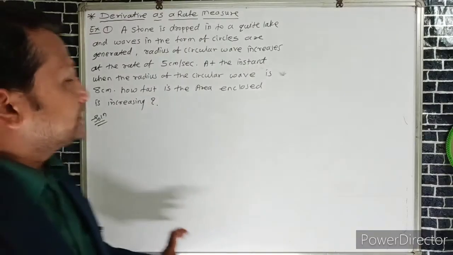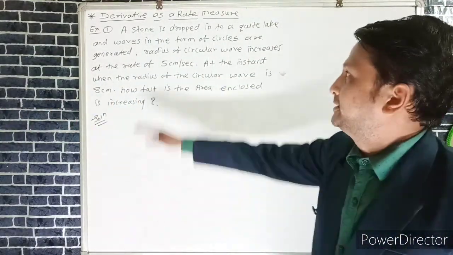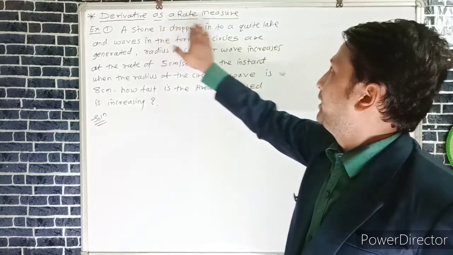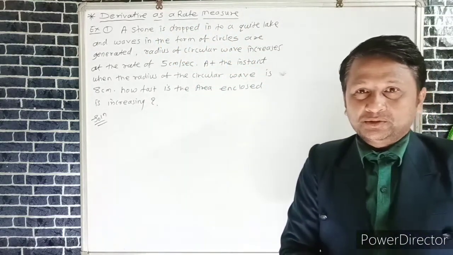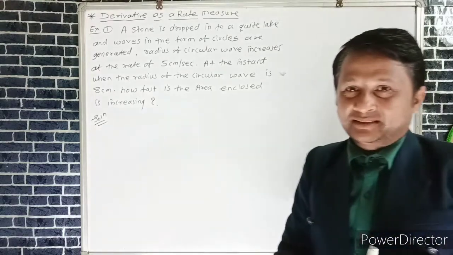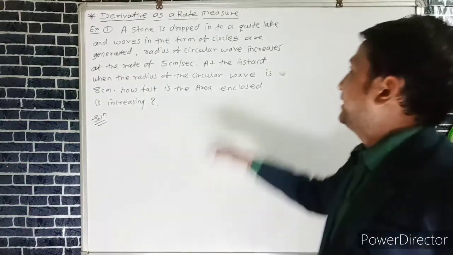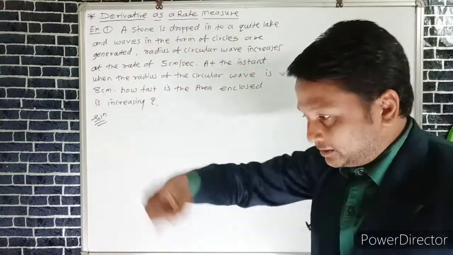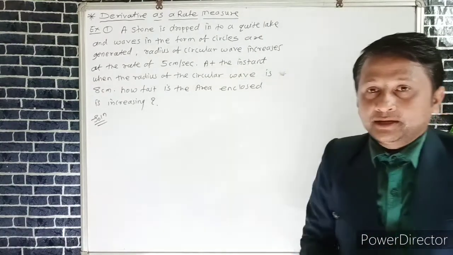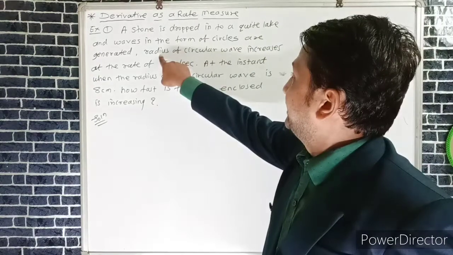The first example of derivative as a rate measure: a stone is dropped into a quiet lake, and waves in the form of circles are generated.